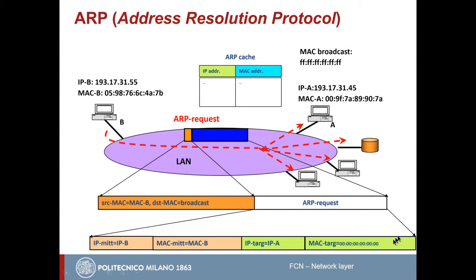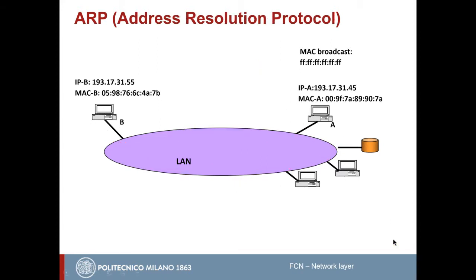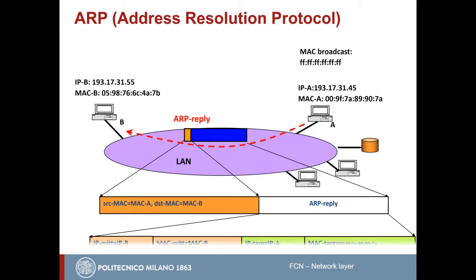So when this message arrives at A, A sends an ARP reply back to B, and the reply is again an ARP message, directly encapsulated in a layer 2 frame.